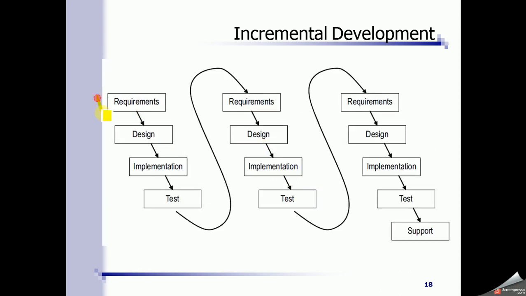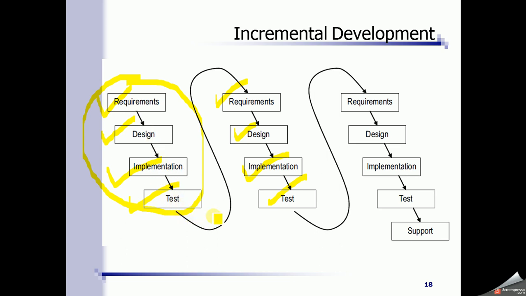So we take some set of requirements, we do the design, implementation, testing, and then we take another set of requirements, design, implementation, testing. So every iteration takes some requirements, develops design, constructs it and tests it.